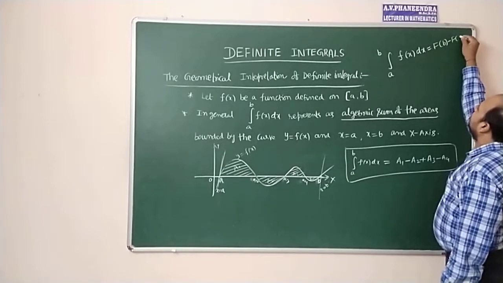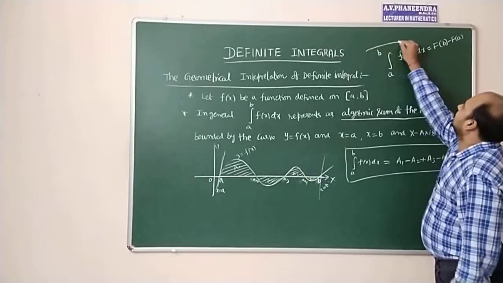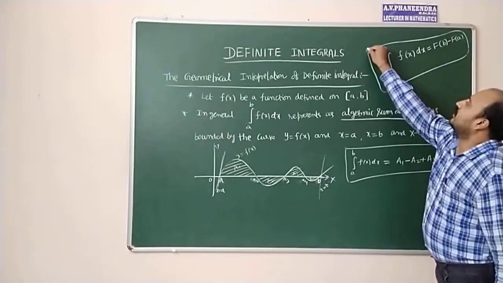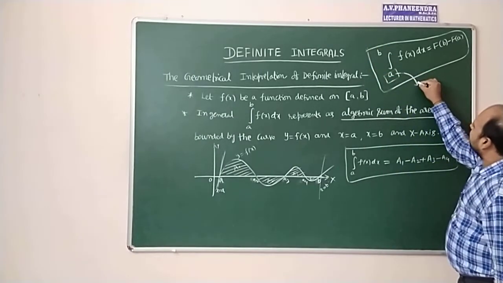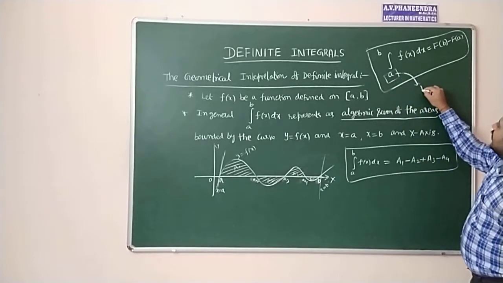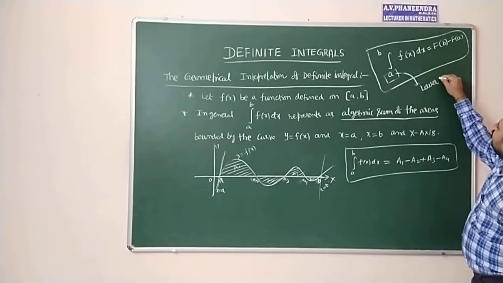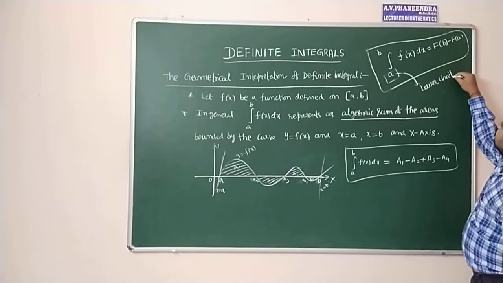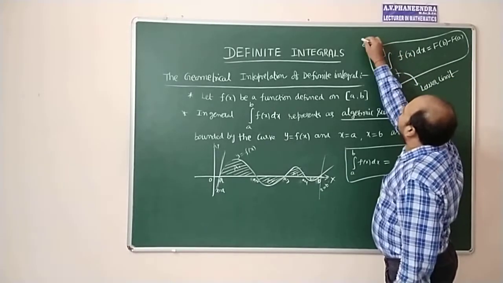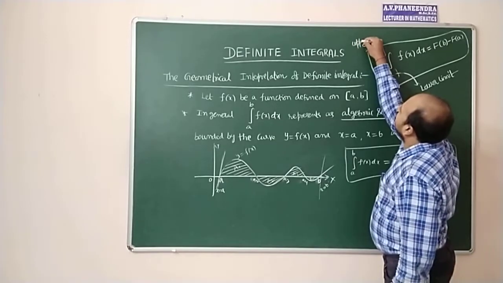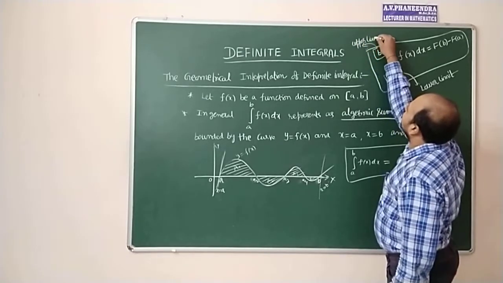We already defined that as indefinite integral. Now definite integral: here the real number a is called lower limit. This real number b is called upper limit.